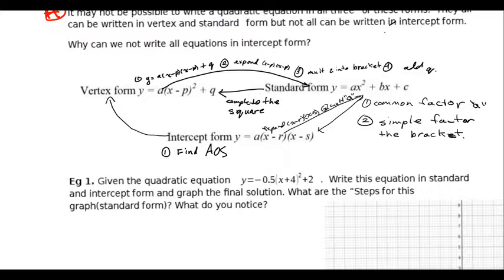And 2, you're going to sub the AOS into our equation to find y.